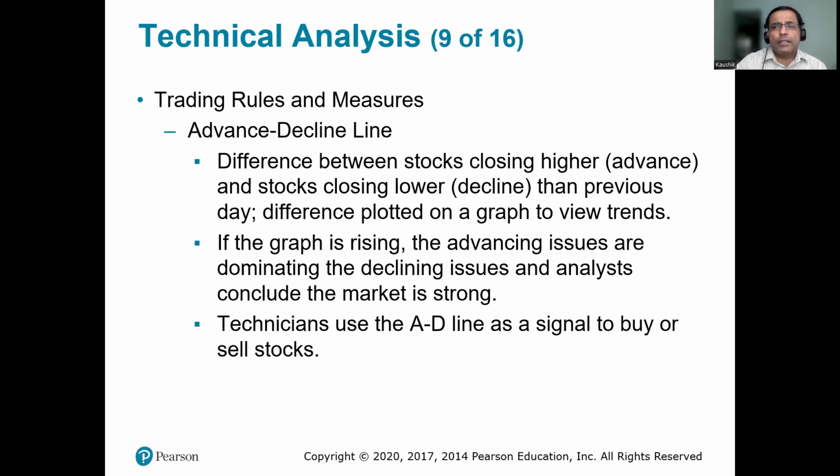That leads to a trend, and it may help us to understand whether it is a suitable time to buy or whether it's a suitable time to sell. If the graph shows that advances are more, then it is a good time to buy. If the graph shows that the declining stocks are more over a period of time, then it means it's time to sell stocks.